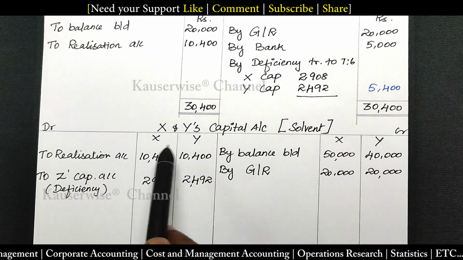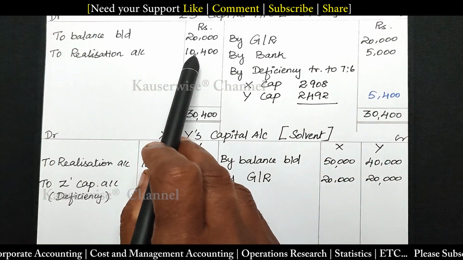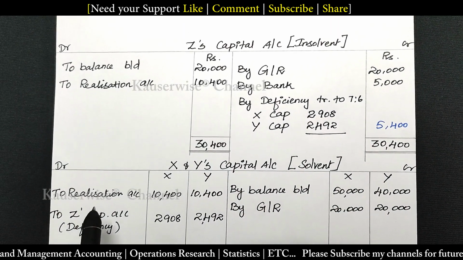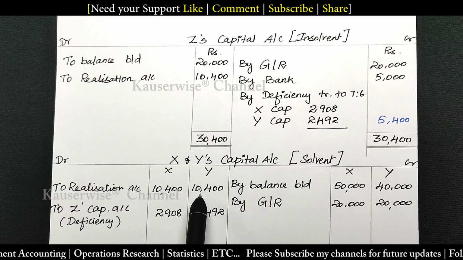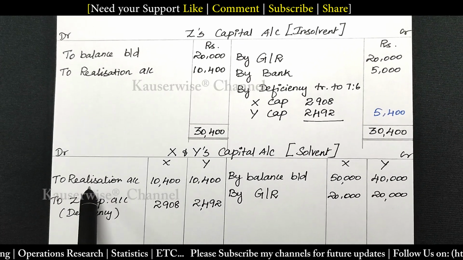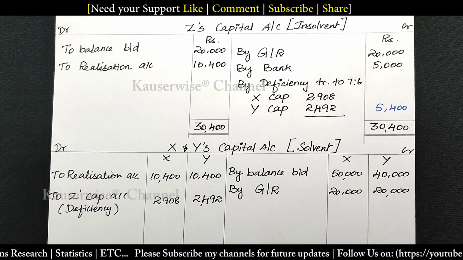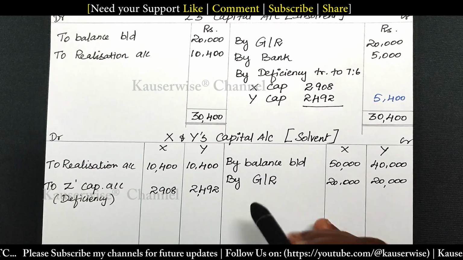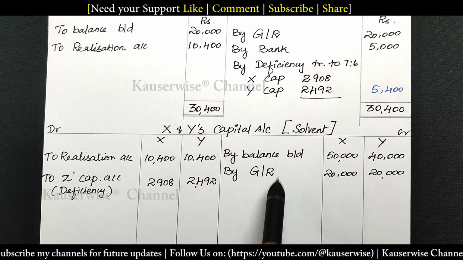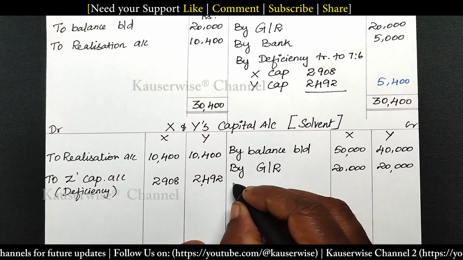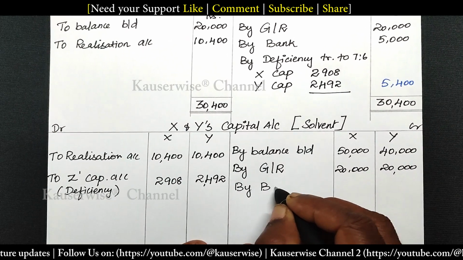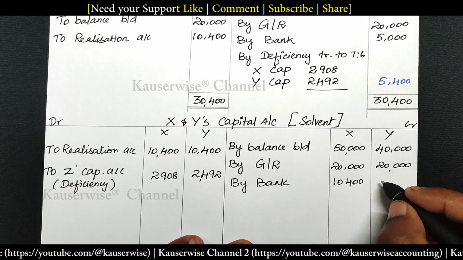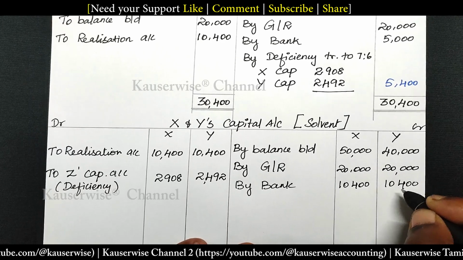We have transferred the realization loss to the insolvent partner as well as the solvent partners equally. Assume that they have brought the cash equivalent to the realization loss. So enter that amount under the credit side of the solvent partners' capital account. By bank, how much? X 10,400, Y 10,400.